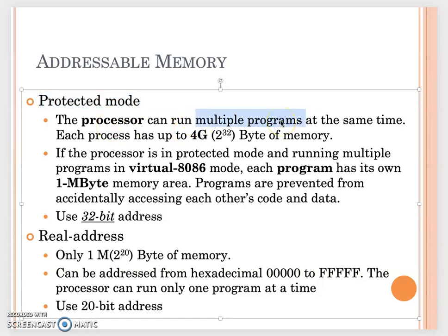We told you that for each program, the processor allocates a specific segment, so they won't interfere with each other. Each process has up to 4 gigabytes of memory. Let me explain why it is up to 4 gigabytes.